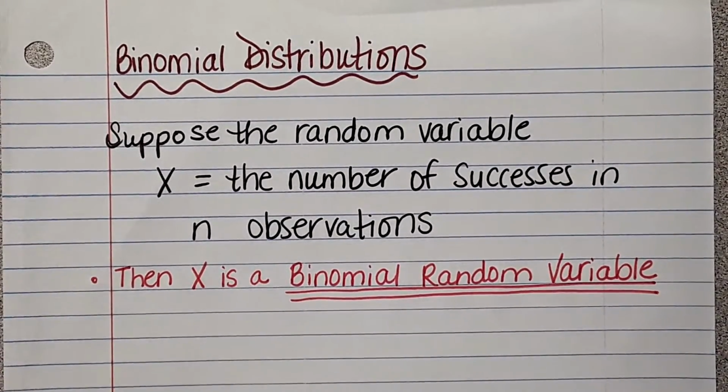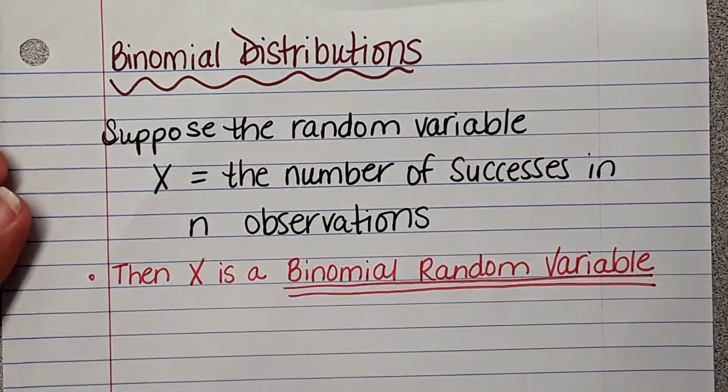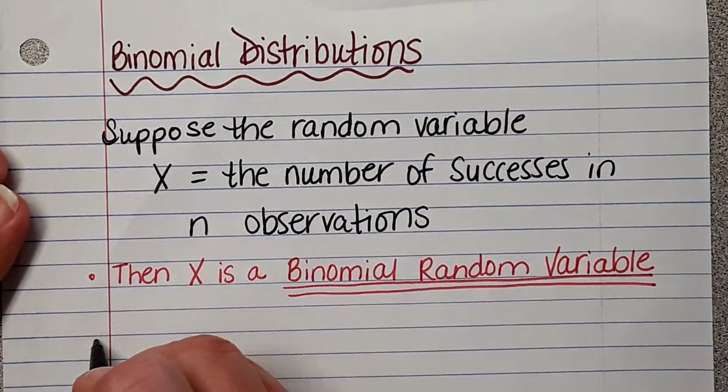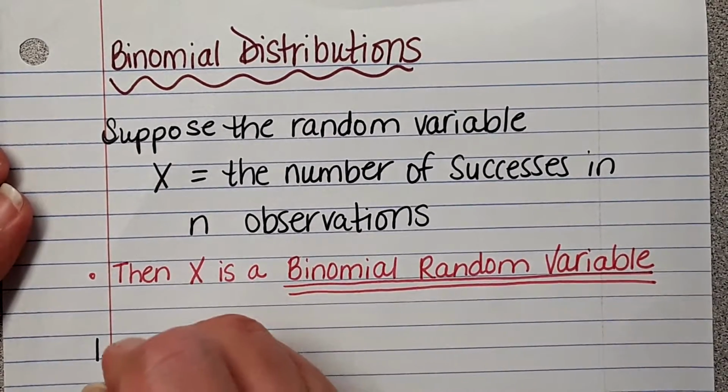There are 4 steps or 4 rules for a binomial distribution. This is how you know it's a binomial distribution and you have to answer these questions. There are only 2 outcomes.